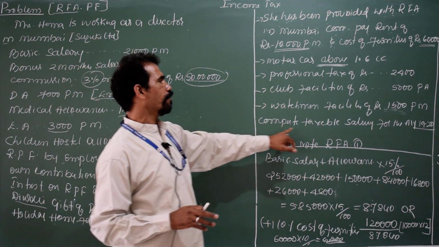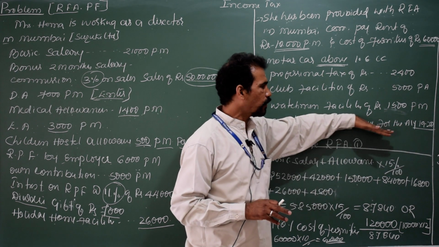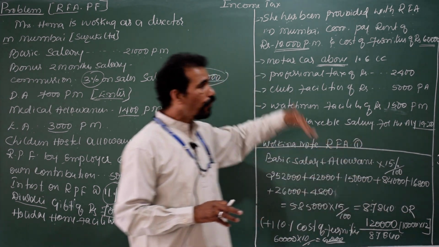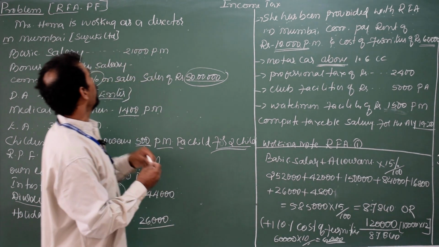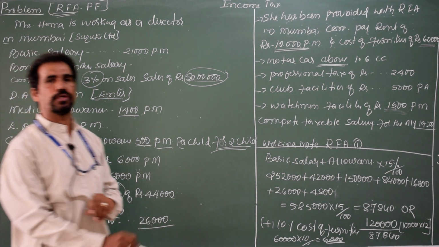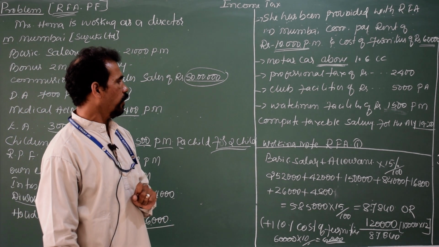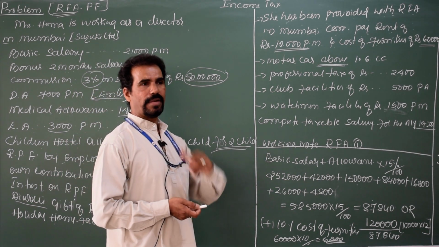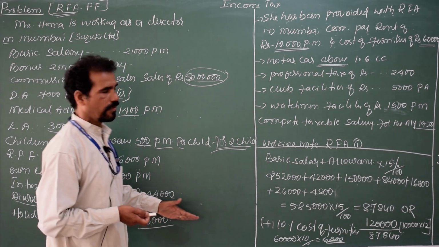Now compute the taxable salary for the assessment year 2019-20. We will go through the sums. Before calculation of the sums, I already told you that RFA is a very important note today. How to calculate? RFA: basic salary plus allowances, meaning all allowances.